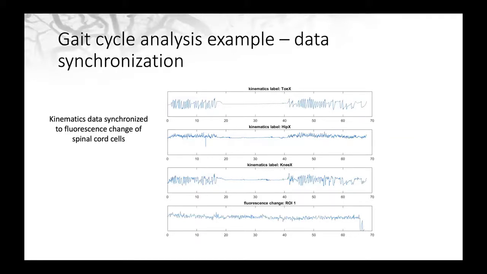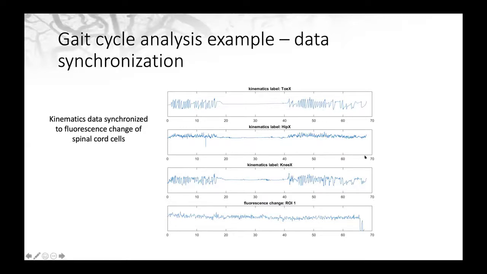So here is another part of the data analysis pipeline, which is the Gait Cycle Analysis. After we get all of the calcium data and the camera data, we use an automated system to label the gait.